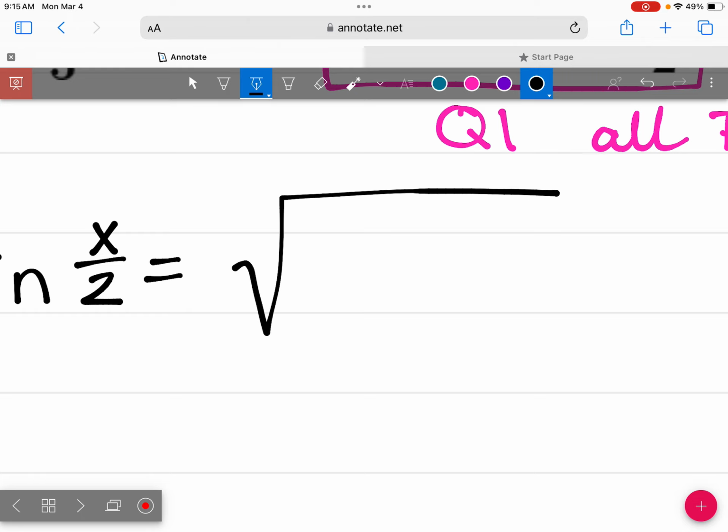We're just going to put our square root of 1 minus our cosine, which we know is 2/3, over 2. So we're just substituting our value in. We were told the cosine of x.